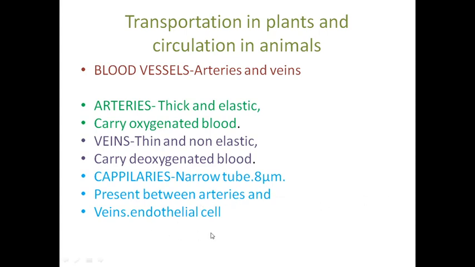The next one is the differences between arteries and veins. We already know about that. These are the characteristics and features we saw in arteries and veins. The artery is called a distributing vessel. The vein is called a collecting vessel. The artery is pink in color and the vein is red in color.